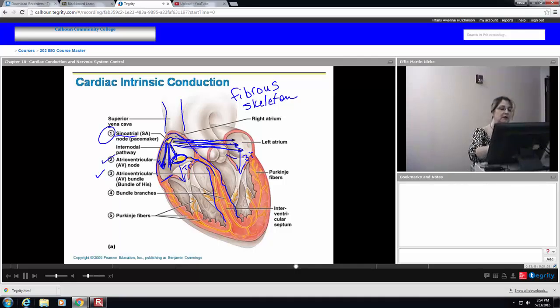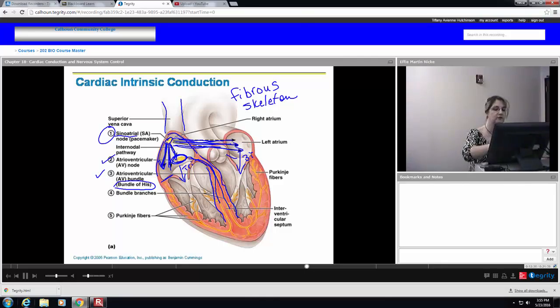So we're going down through the atrioventricular bundle, and then it splits into left and right AV or atrioventricular branches. Let me back up just a second. I didn't point out this term on number 3. The AV bundle is also known as the bundle of His. You may hear that from some of your instructors. You may also see that in your text, but it is just another name for this.